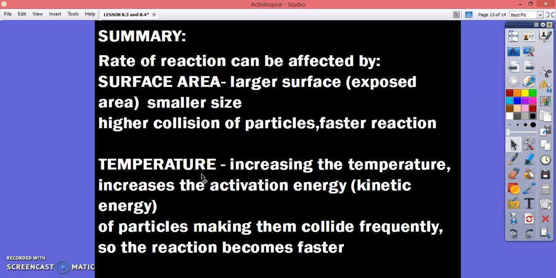And with the temperature, increasing the temperature increases the kinetic energy needed for the particles to move. And when they move more, there is more chance that they will collide with each other frequently, and the reaction will happen faster.